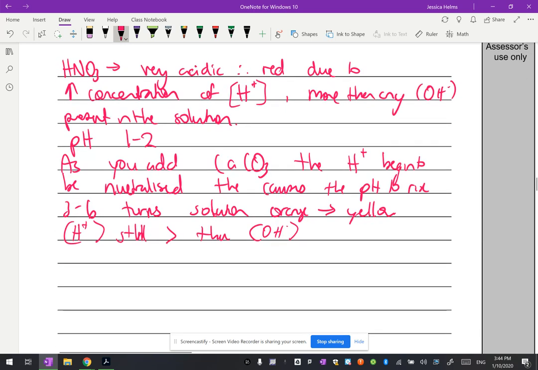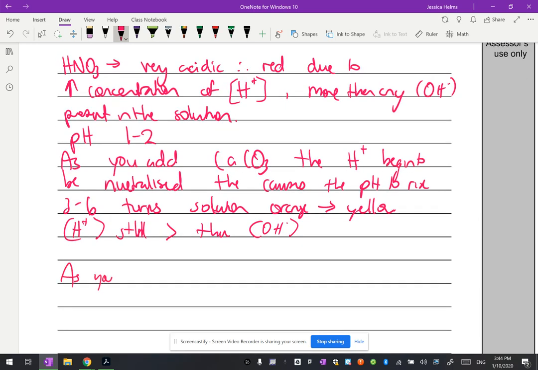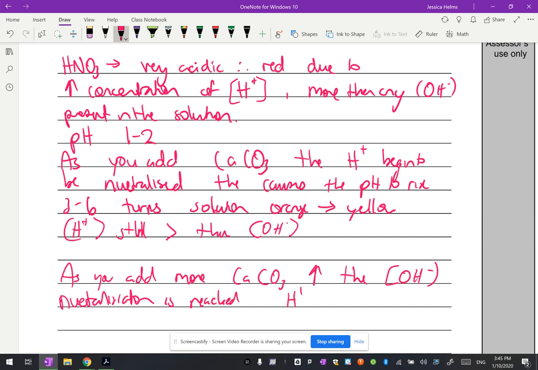Okay, so as you add more of the calcium carbonate, this is going to increase the hydroxide in it, and when neutralization is reached, the hydrogen ions will be equal to the hydroxide ions.